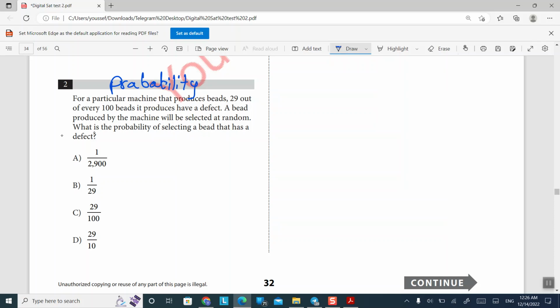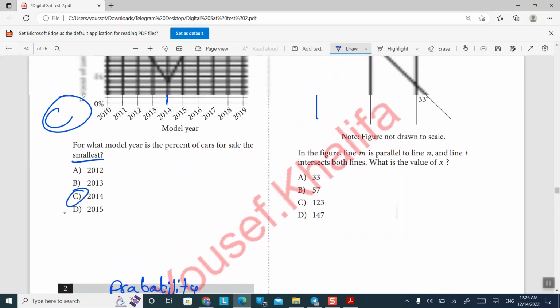He needs the probability of selecting a bead that has a defect, and it's already mentioned that for each 100 beads there are 29 beads that have a defect. So 29 is the result over the total beads. So 29 over 100 is the correct answer.